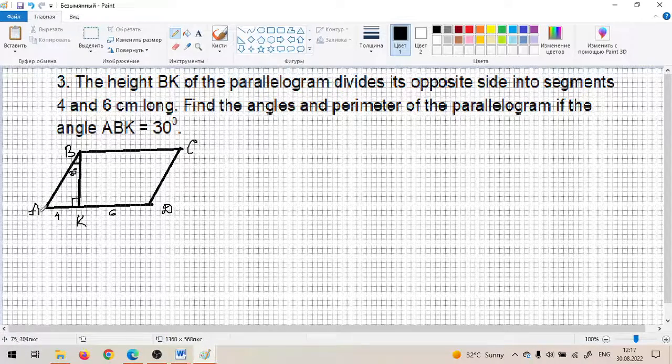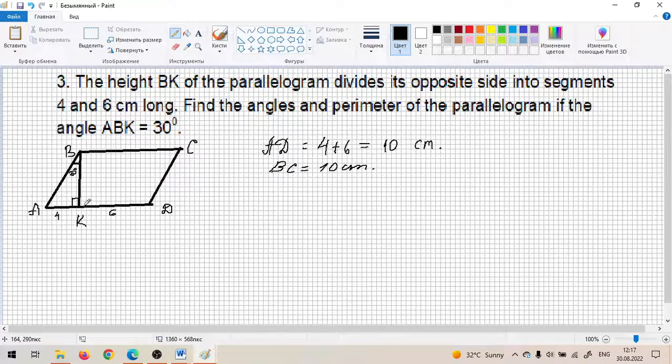So if this segment is 4 and this 6 centimeters long, the side AD is 4 plus 6 equal 10 centimeters long. BC is the opposite side, so BC is 10 centimeters long too. Okay.